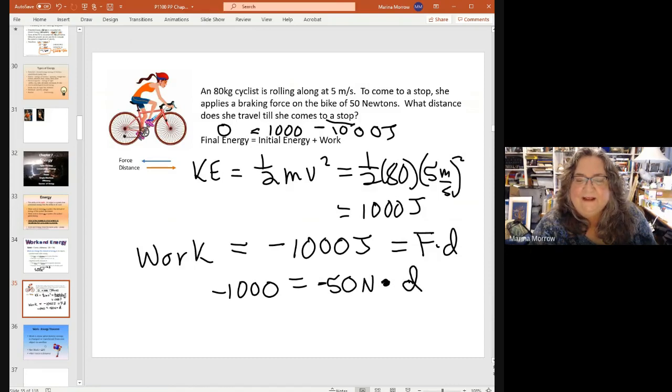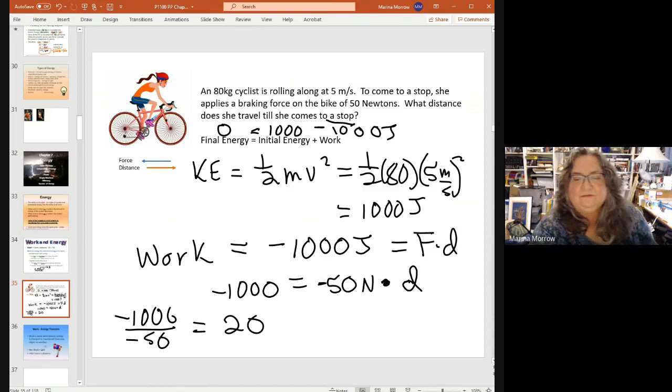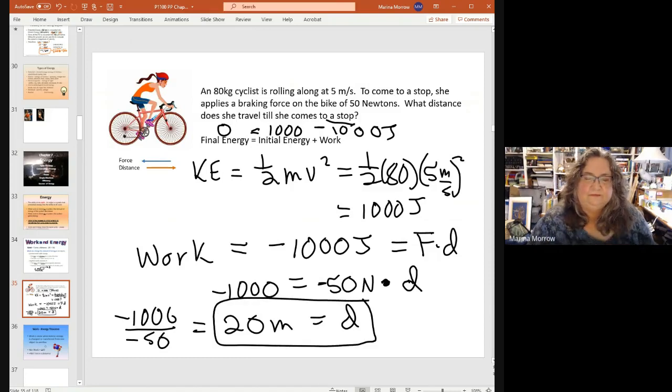So we can find out the distance: divide the negative 50 into the 1,000, and we would end up with 20 meters, right? Okay, so she travels for 20 meters before she comes to a stop.